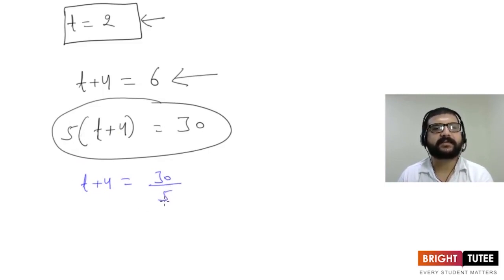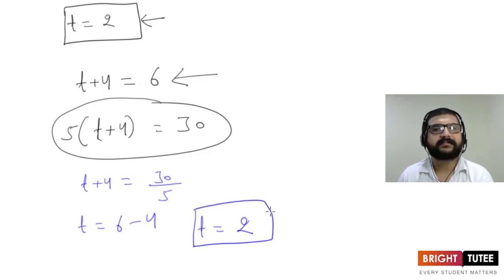Multiplication is changed into division, as we have seen. So now what we will do? We will transpose this 4 also. So we will get t is equal to 30 upon 5, which is 6, and when we transpose this plus 4, it will come in minus. So we will get t is equal to 2 from here.